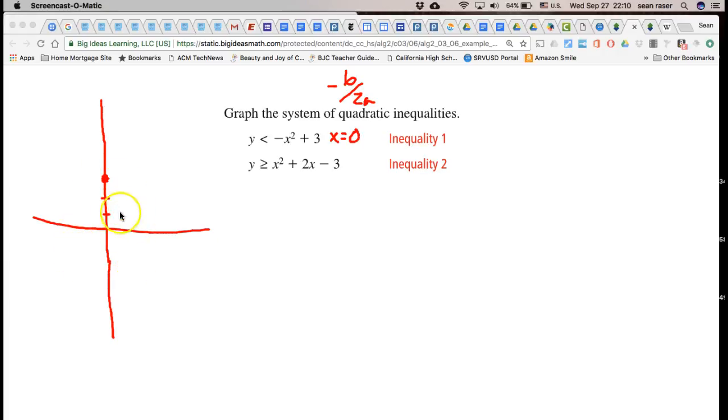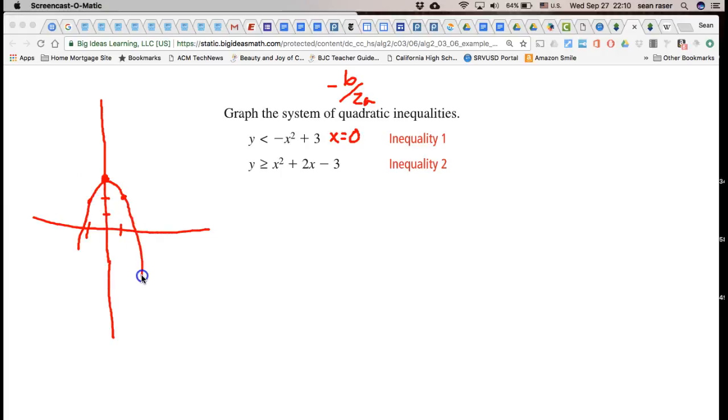So our graph is going to be a parabola. Now we also need to find 2 points. If we plug in 1 for x, we get negative 1 plus 3, we get 2. And if we plug in negative 1, we also get 2. So we get this parabola that goes down like this.